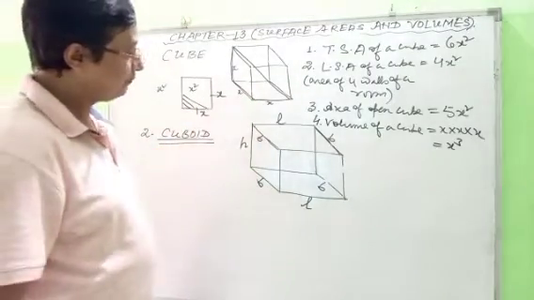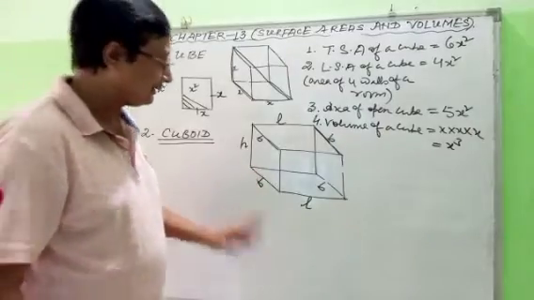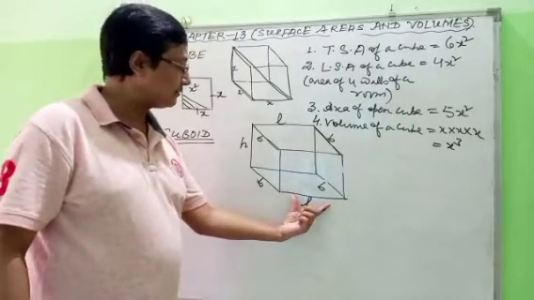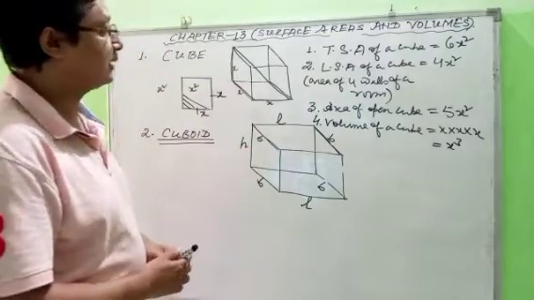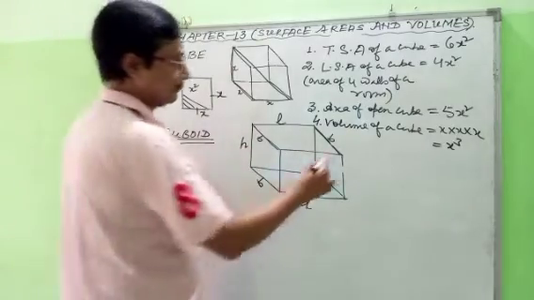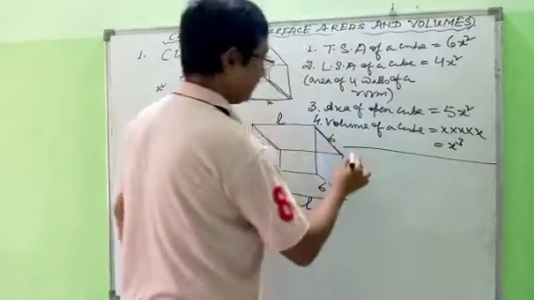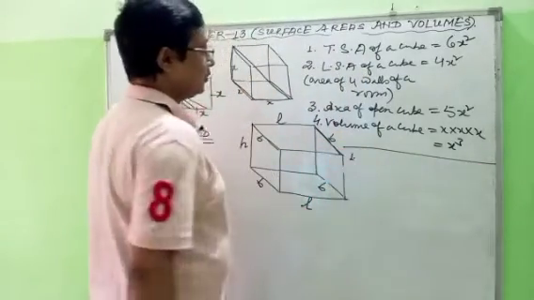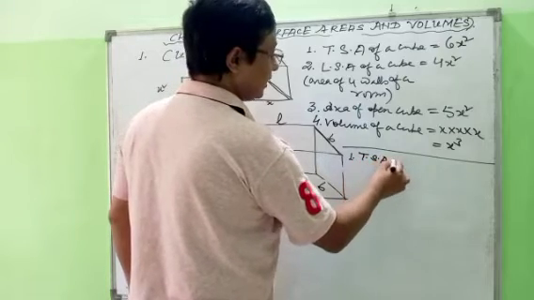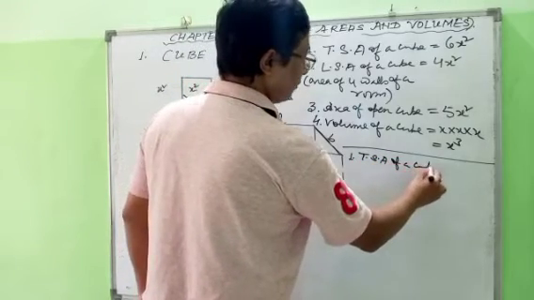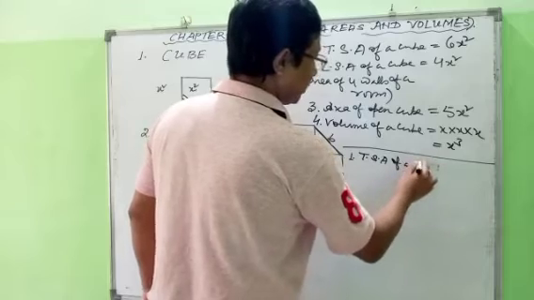So here now you have got 3 different dimensions: the length, breadth, and the height. Now you take number 1, supposing. Number 1 for the cuboid is the total surface area of a cuboid.